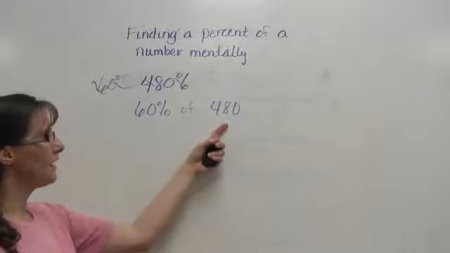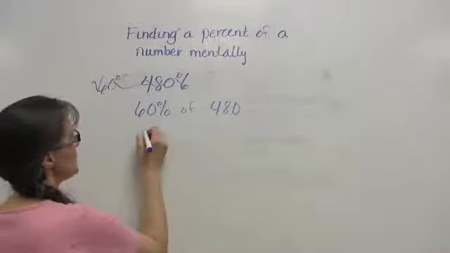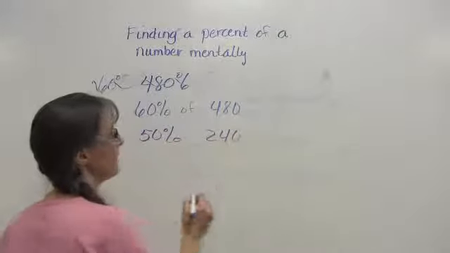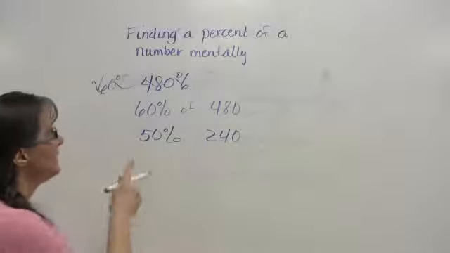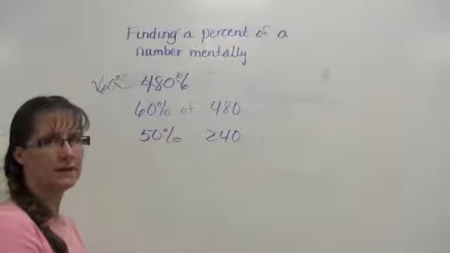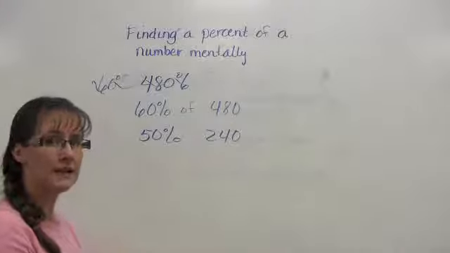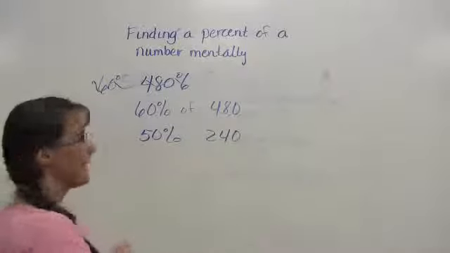So 50% of 480 is the same thing as dividing it by 2. So 50% would be 240. Well, I need another 10%. So I need to figure out what 10% of 480 is. Remember I said 10% is like dividing it by 10, which means it's just simply moving the decimal place once to the left.